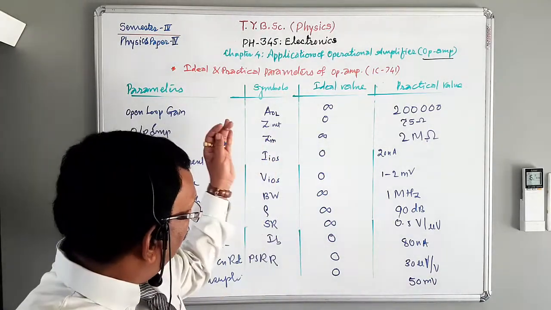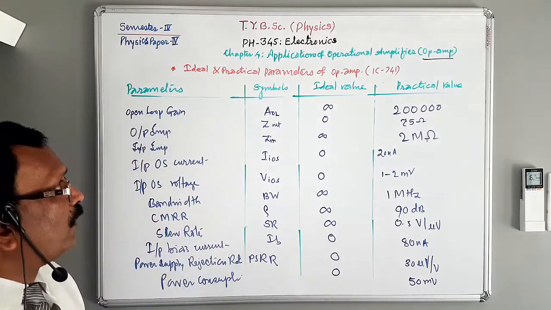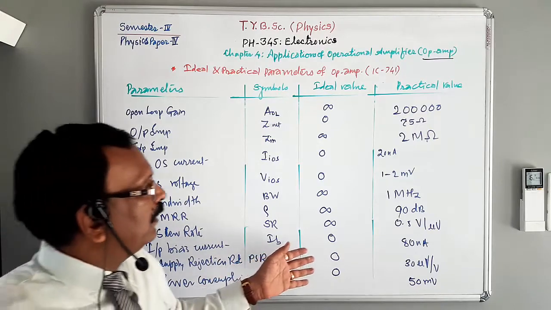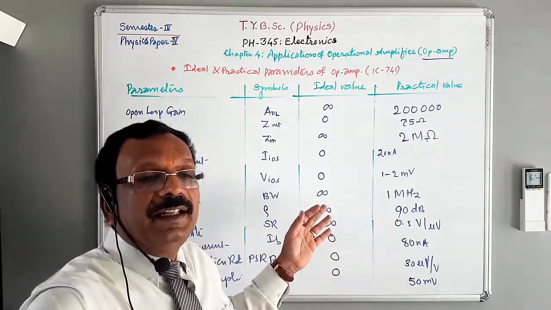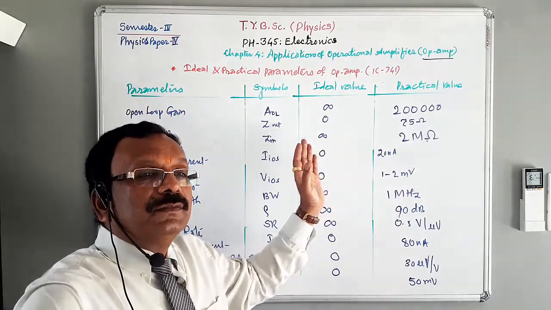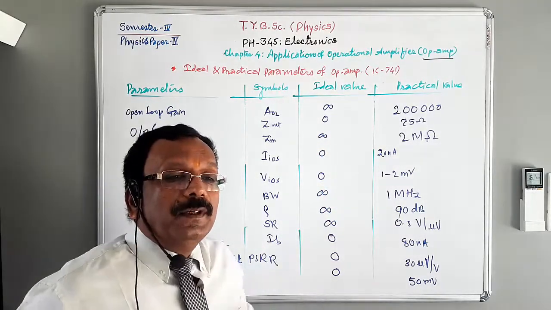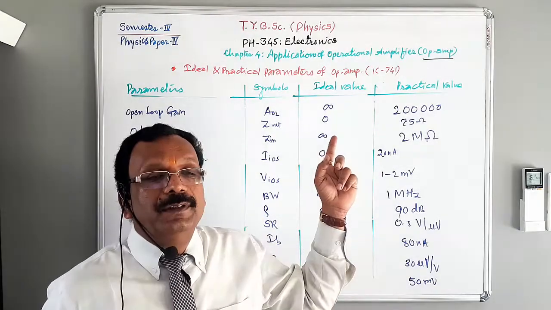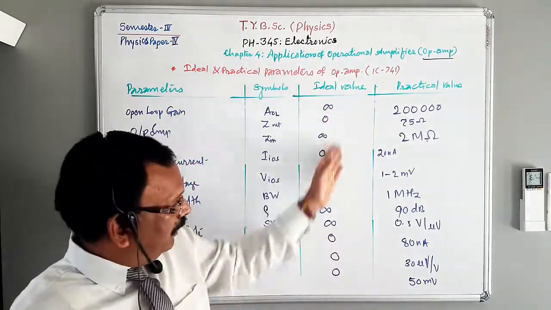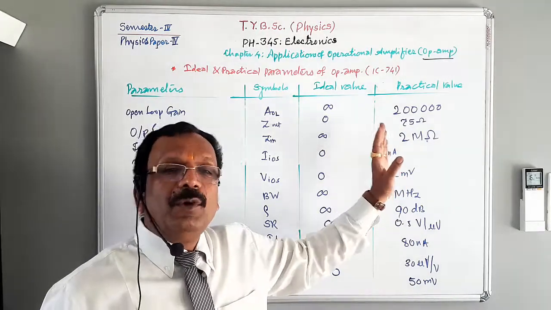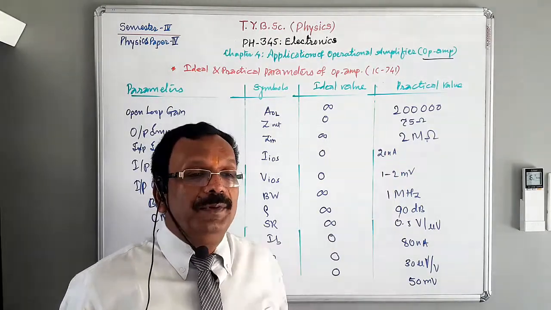These are the parameters or characteristics of an ideal op-amp along with their symbols, and practical and ideal values. Remember that the characteristics of an ideal op-amp can be approximated closely enough for many practical op-amps.